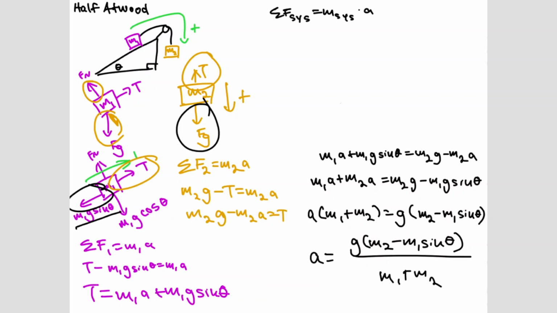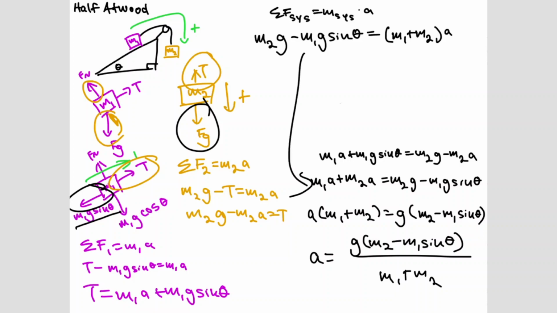Positive direction means the force of gravity on m2 comes first, minus m1g sine theta. This is going to be equal to m1 plus m2 times a. And yet again, this is very similar to one of the equations that we got down here. It's just this one, but without the g factored out.